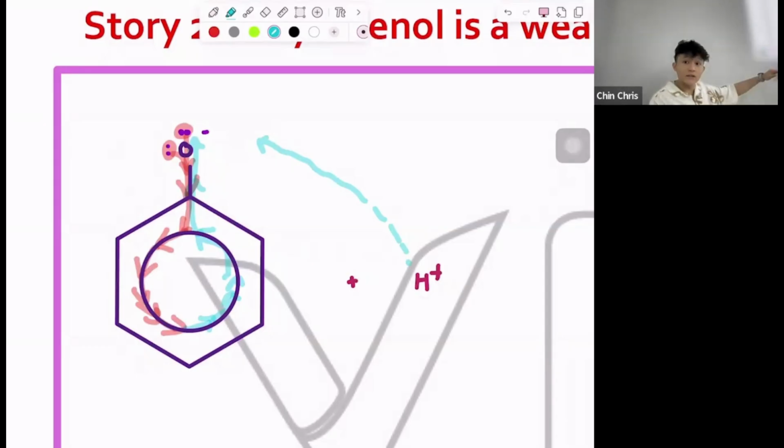Later I will write down the statement. So I want you guys to draw this first. At least you know what the movement of electrons is like in a phenol.